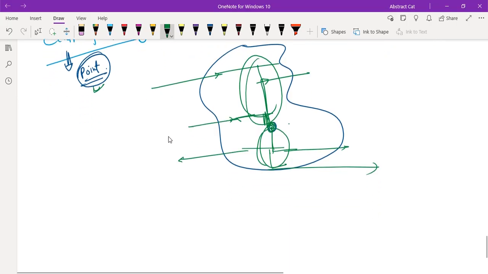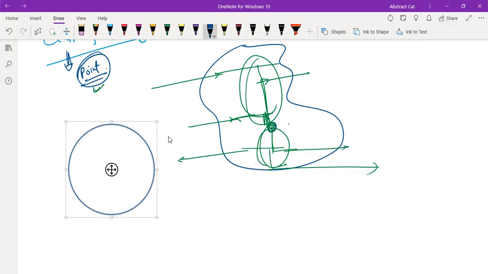Take an example: if I consider a circle, the center of gravity is always at the center. That is very important, because if you calculate all the moments at that point, the algebraic sum is zero. That is the center of gravity.